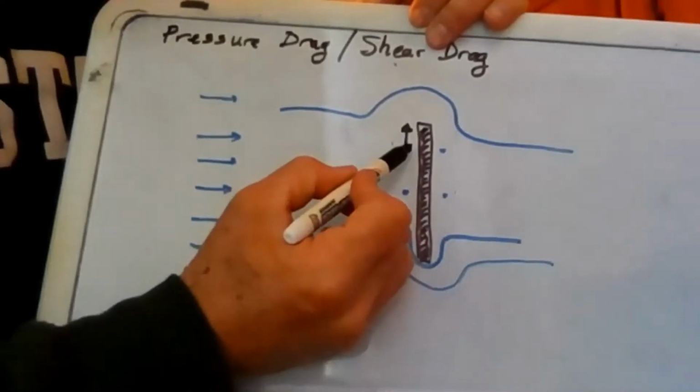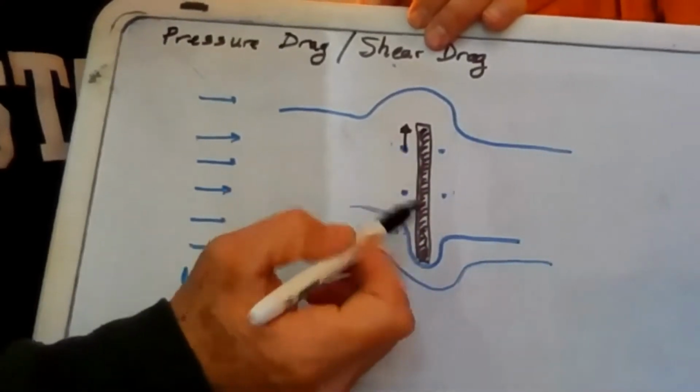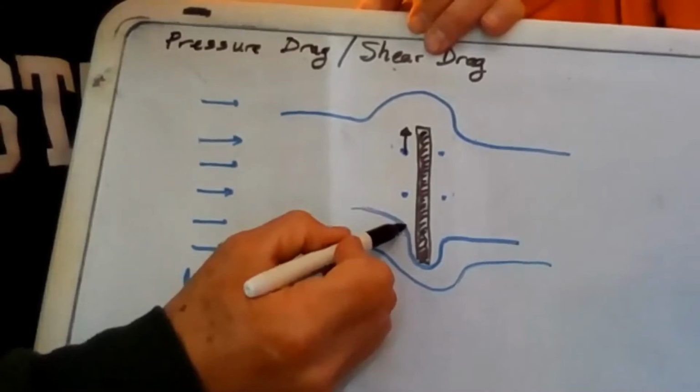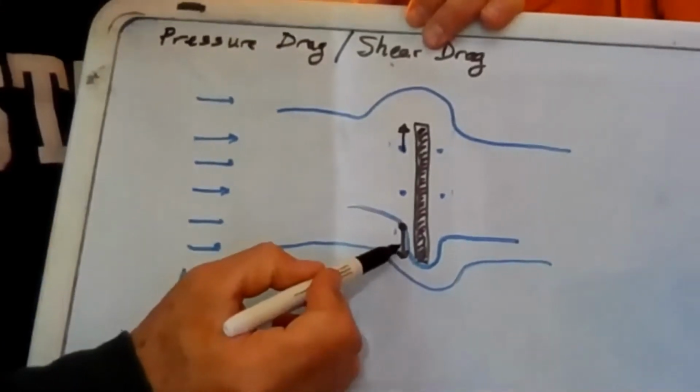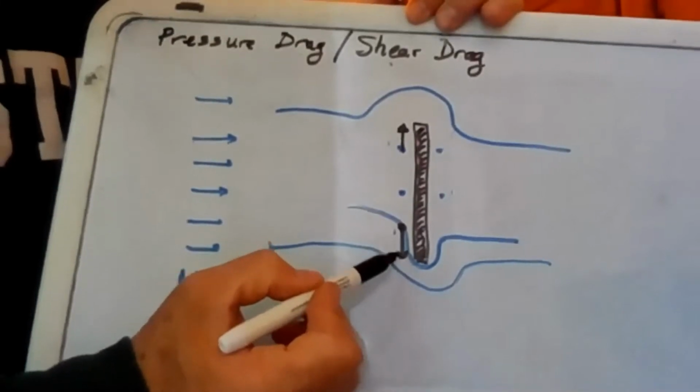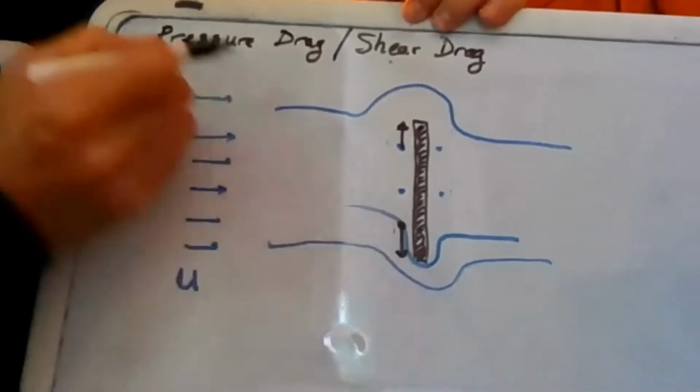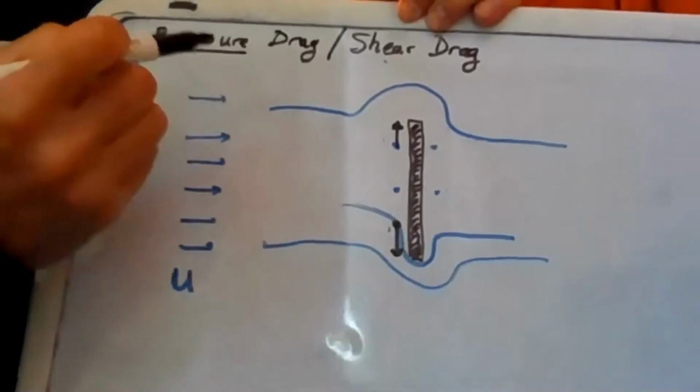And so we're going to get an upward shear at this point like that, okay? The fluid is actually moving down like that. And by symmetry, it's going to be opposite, and the shears are going to end up canceling out. So we're just going to get pressure drag.